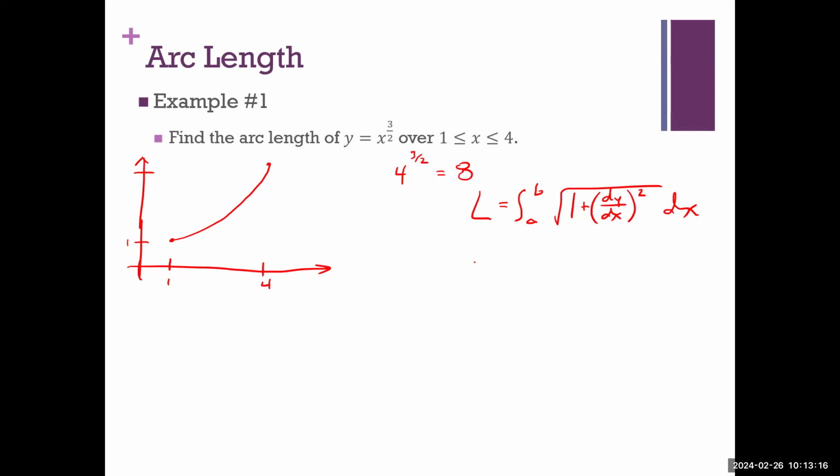Get the derivative. All right, so I know that y is equal to x to the 3 halves. What does that mean about dy/dx? Three halves times x to the 1 half. Good. We do need that.